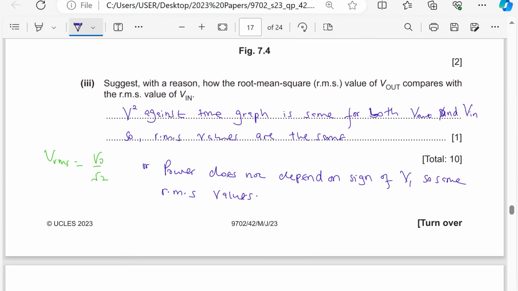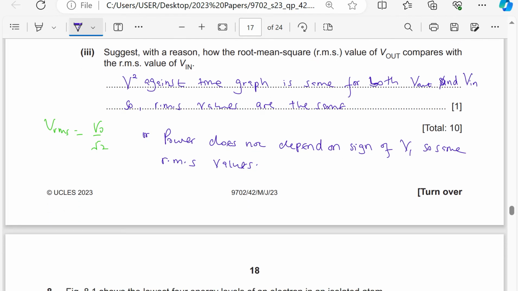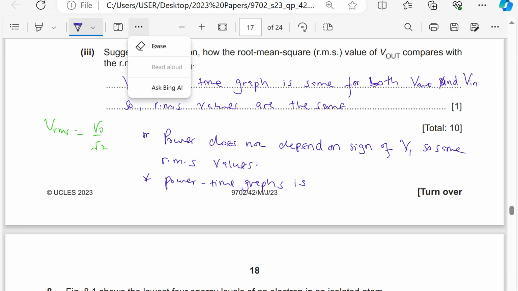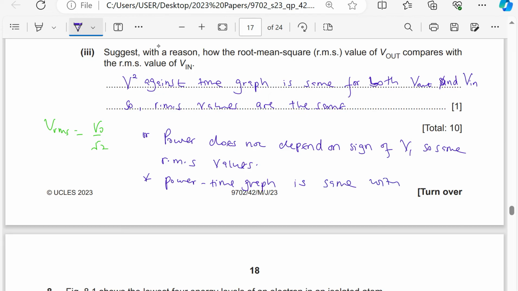Okay, I think that is enough. Alternatively, if you were to sketch a graph of power against time, either with or without rectification, the graph would be the same. So it means the root mean square values are the same. Power versus time graph is the same with or without rectification.